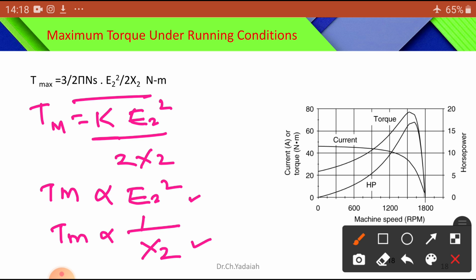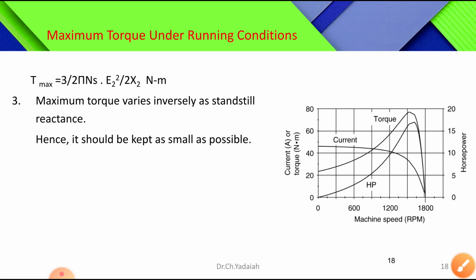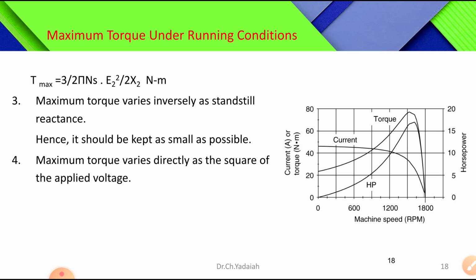Please remember these things. Maximum torque varies inversely as the standstill reactance, hence it should be kept as small as possible to produce a maximum torque. Maximum torque varies directly as the square of the applied voltage.